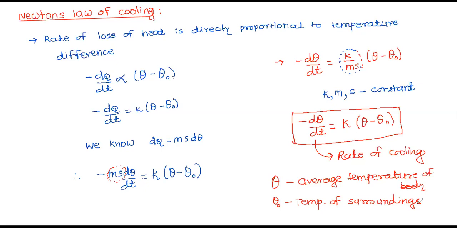Okay, next. Now let's move ahead. So I got it like this: minus d theta by dt is equal to K into theta minus theta naught.